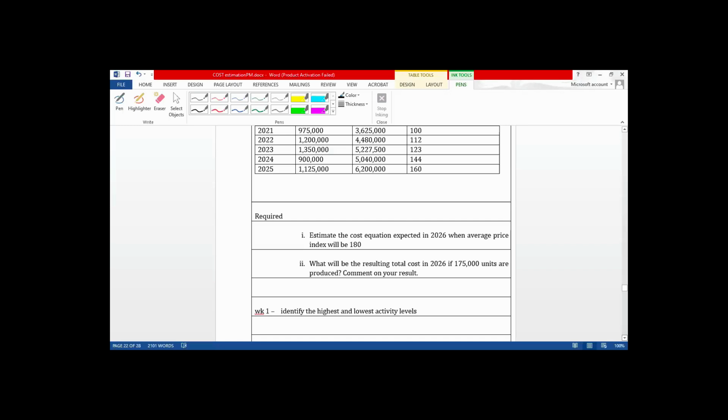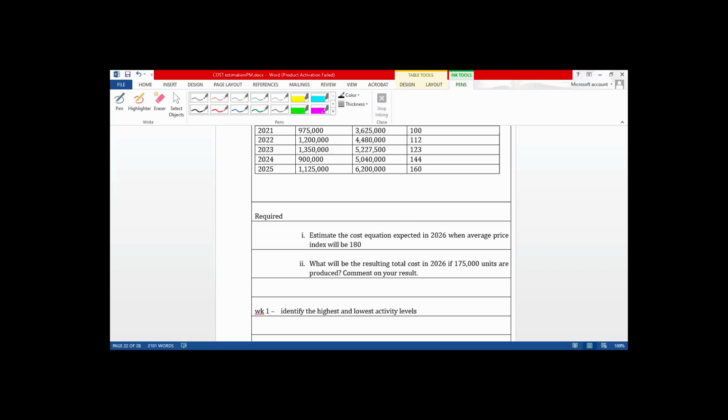If you want to compare the two costs, cost in 2024 against cost in 2025, we have to adjust all the costs to the same price level index.